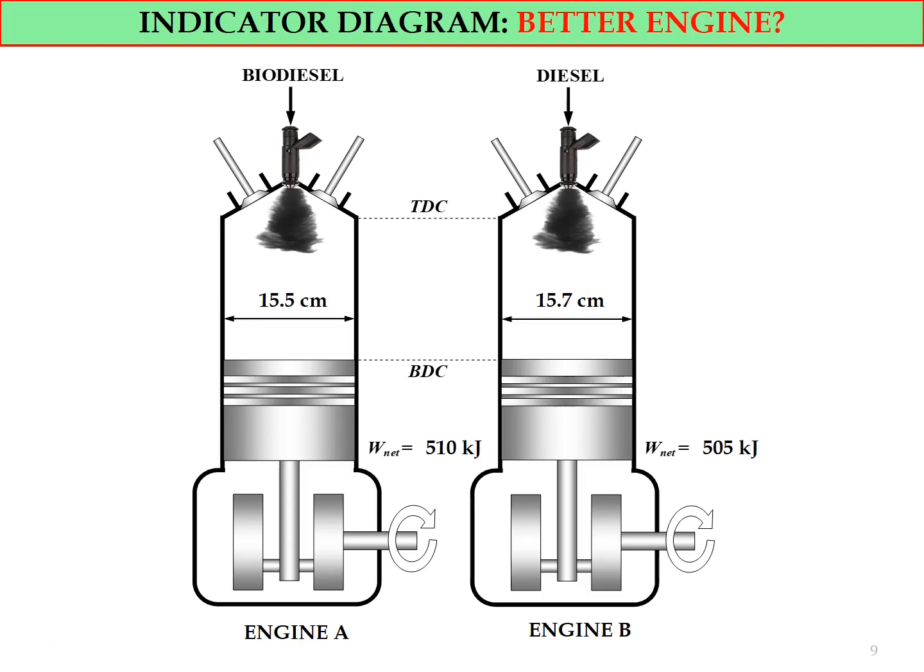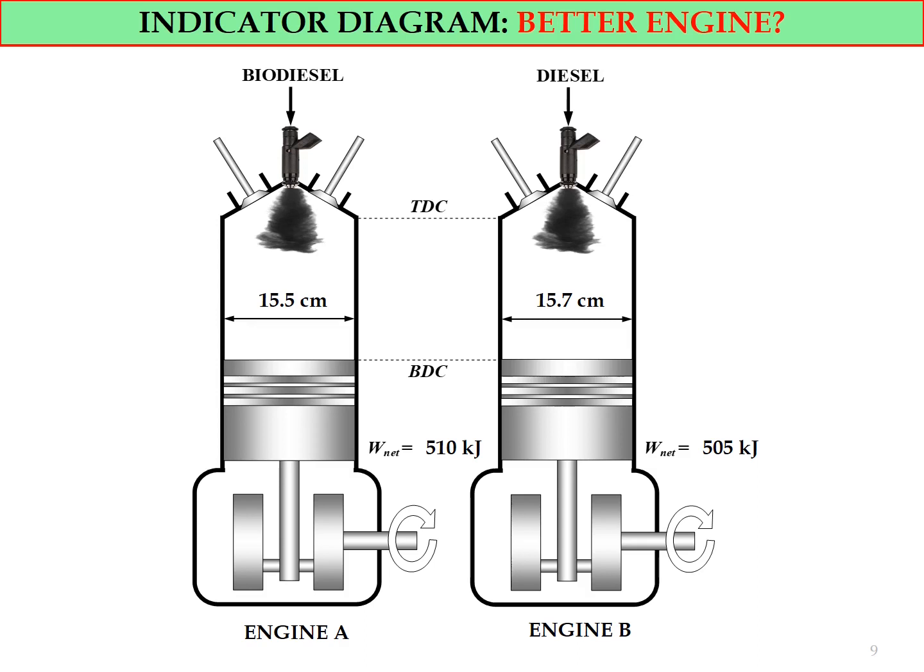Okay, for example, the usage of the MEP parameter. Say we have two types of engine and we want to know which one is better. Engine A uses biodiesel as its fuel, the bore size is 15.5 cm, and this engine produces W net of 510 kJ.